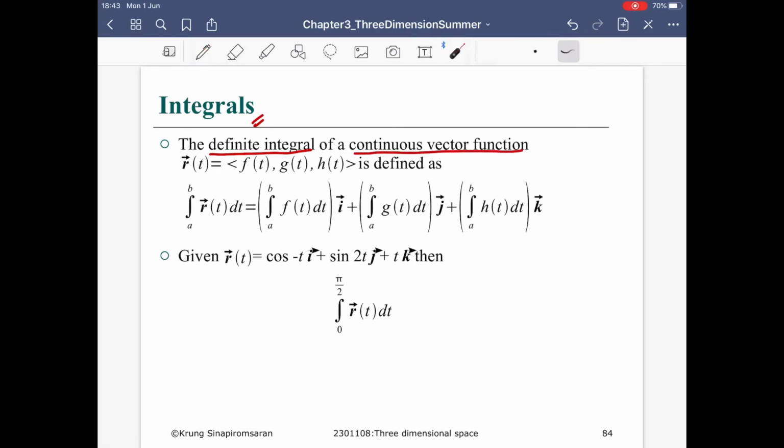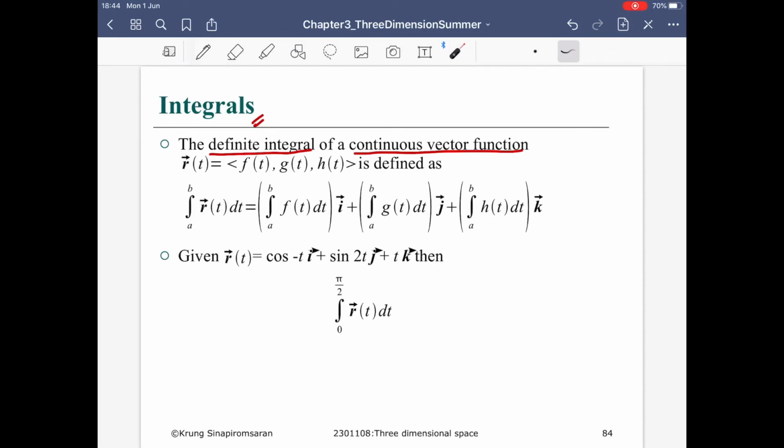So it will be the integration from a to b of your vector r(t) with respect to t, and it's simply like the derivative or the limit, it's just the integral of each of the components, just like that. So again, one question in this chapter becomes 3 problems in calculus 1, and that's it.